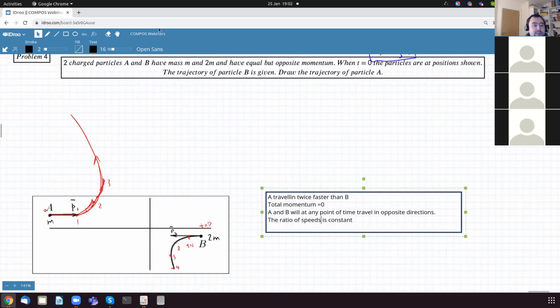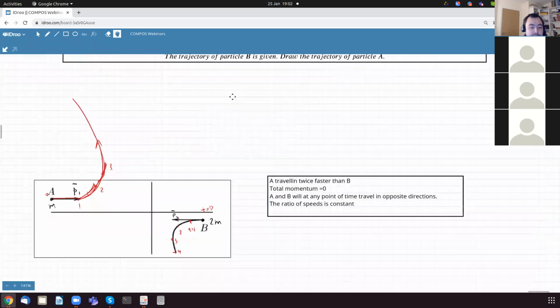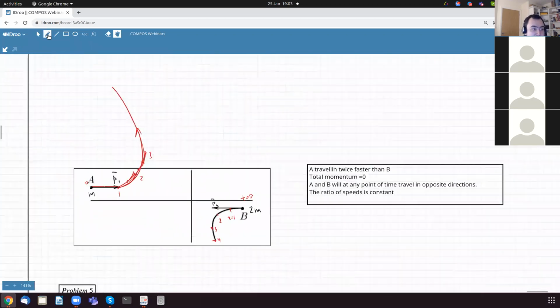Speed is constant. And at the end, it will be moving with the same velocity. So it's 2v. And this one would be traveling at speed v. This is v, 2v, and this is v.